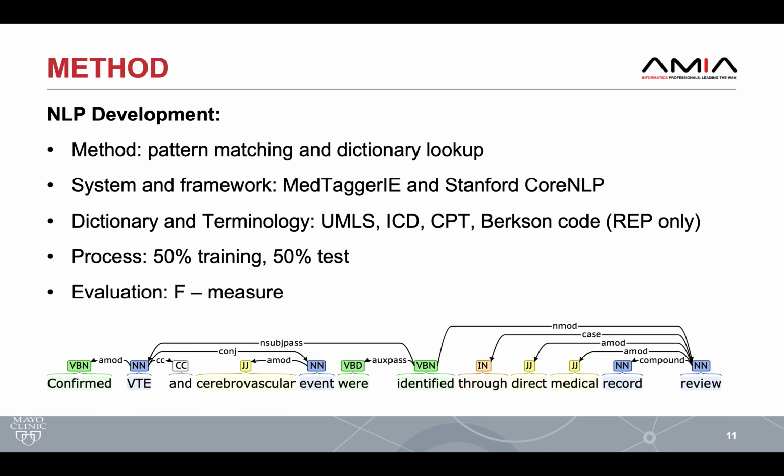Since the task requires additional effort to capture pretty generic expressions, we use a dependency parser from Stanford CoreNLP to help with the pattern development. We also follow a development process by splitting data into 50% training and 50% test, and using F-measure for evaluation.